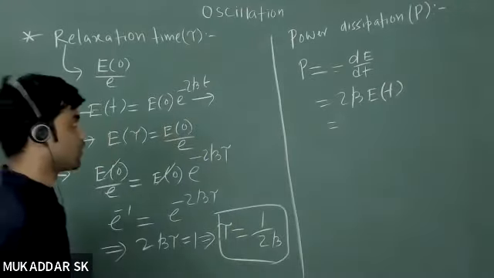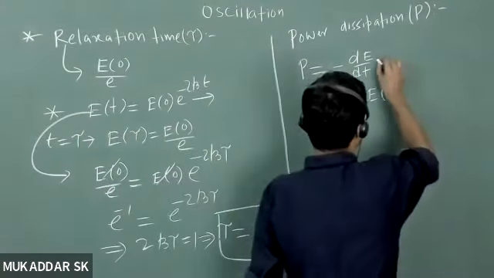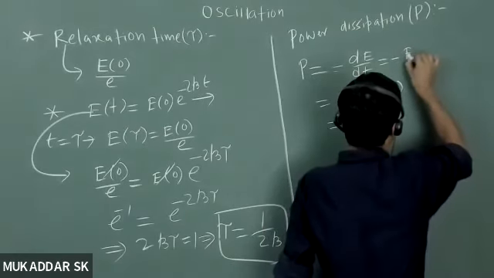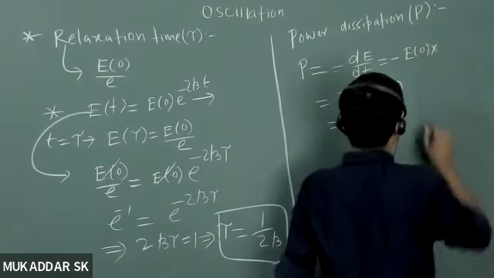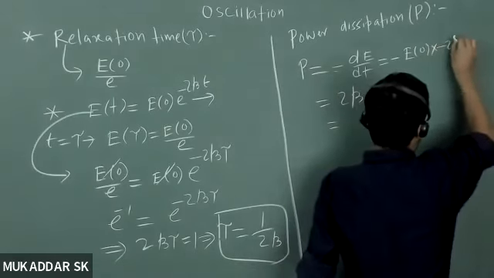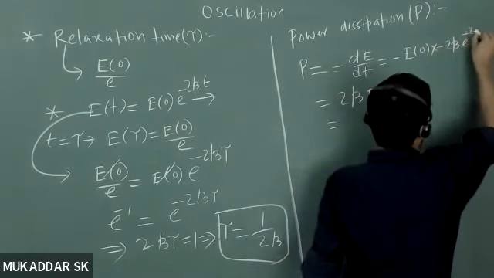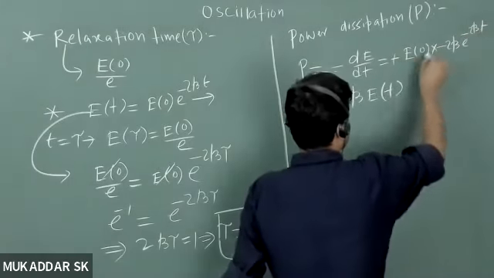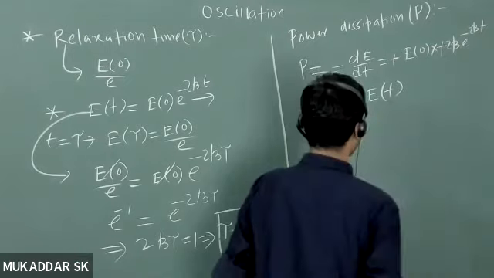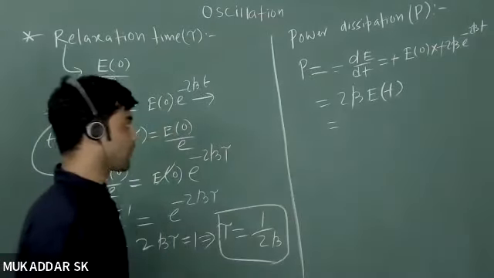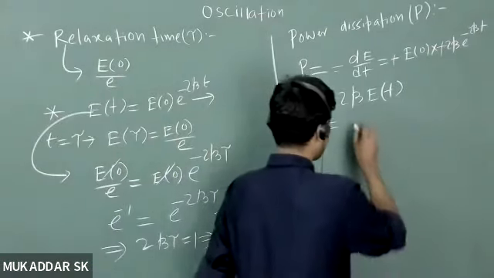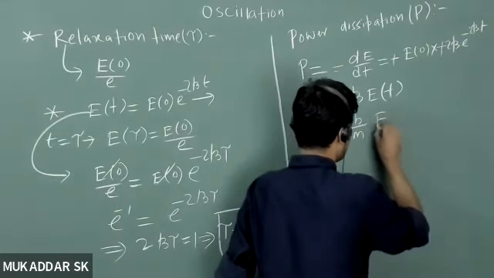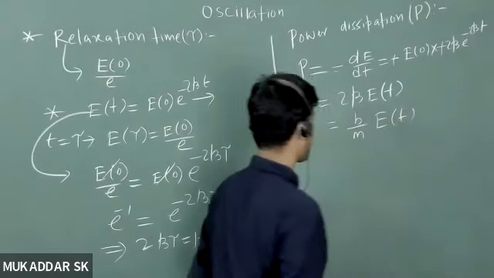It is very clear because dE/dt will become minus E naught times minus 2 beta exponential minus 2 beta t. So minus minus becomes plus, so it will be 2 beta E(t), and you know 2 beta is nothing but b by m, so it is b by m into E(t).